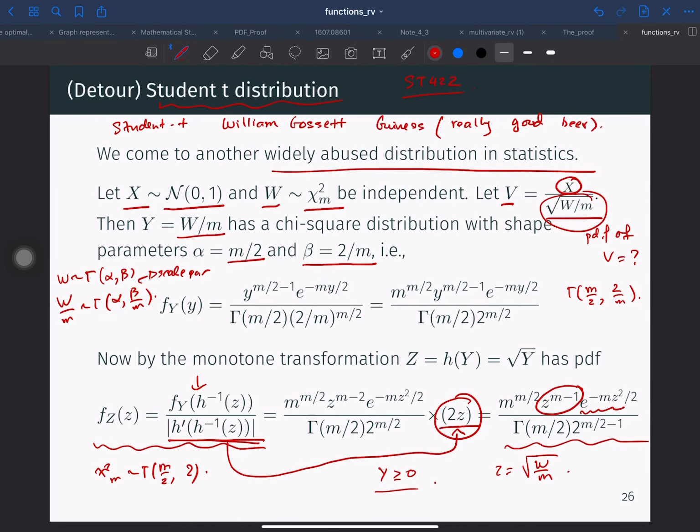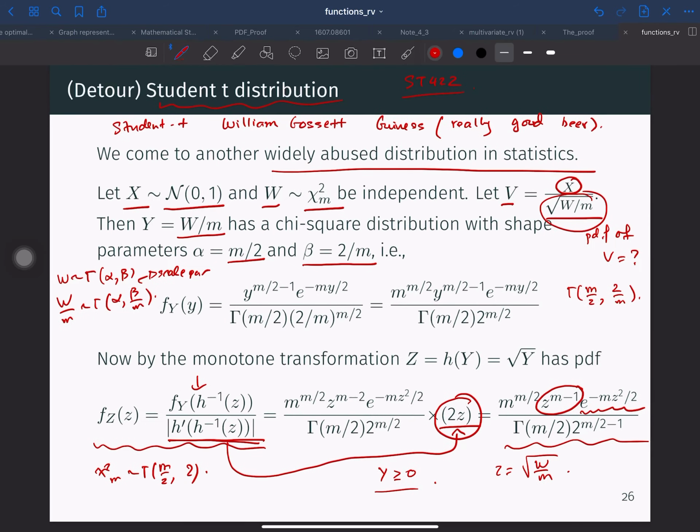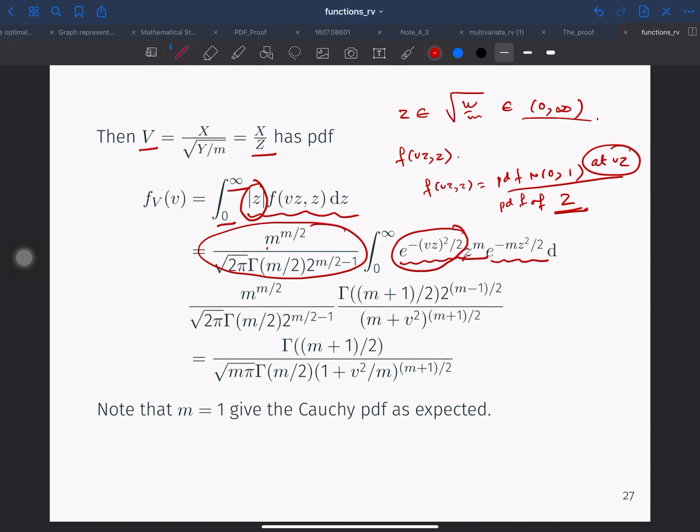The remaining constant is simply this constant here, involving m over 2, gamma m over 2, 2 to the power m over 2 minus 1, and the square root of 2 pi, which is part of the PDF for the normal.